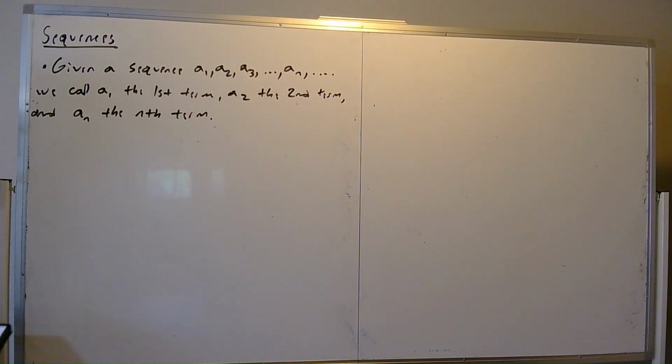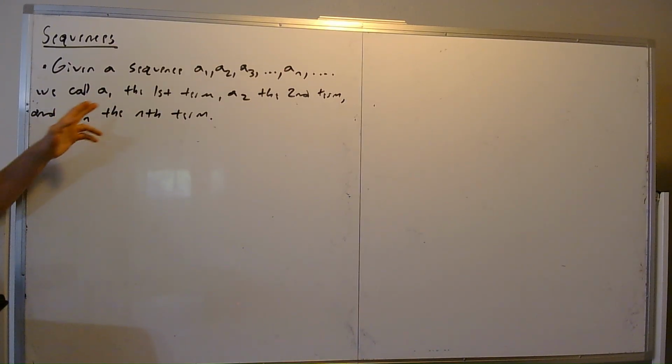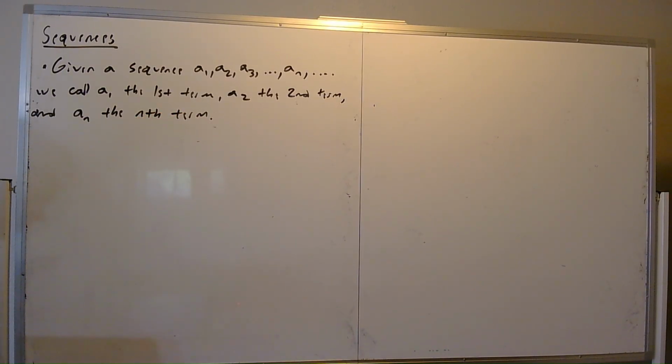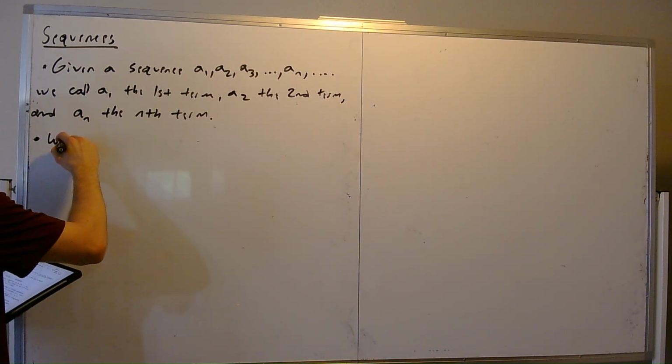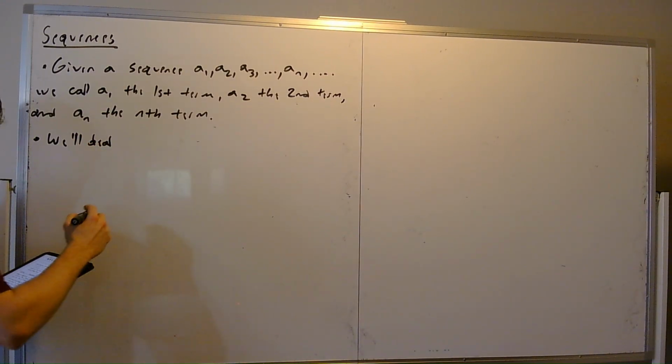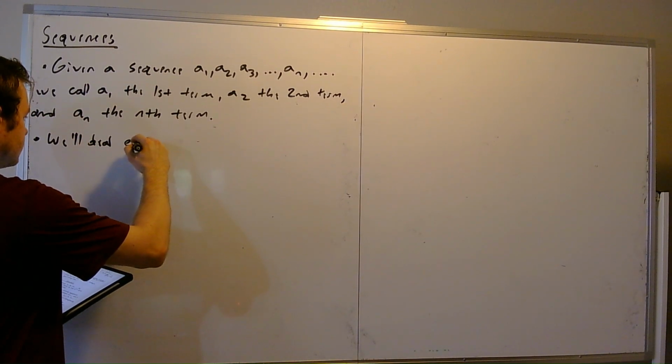Right. So just given the sequence, we just say that each entry is, we call it a term, right? So it's the first term, second term, and we've got the nth term there. Okay, and I'll say for this section here, we'll deal exclusively with infinite sequences.